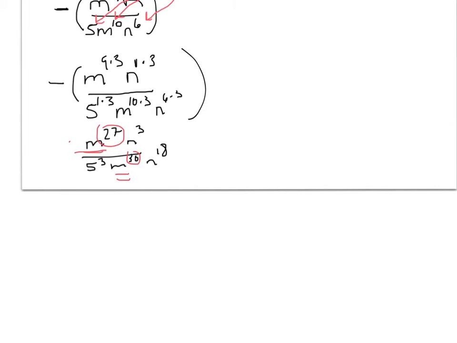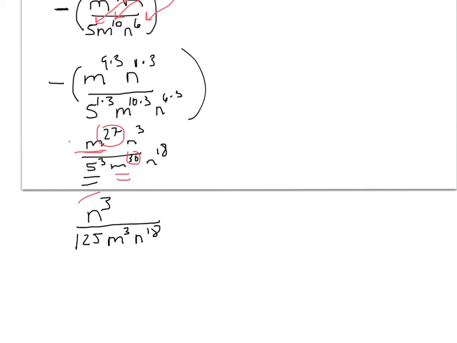I'm going to reduce that first, and we're just showing step by step. As you get better with these problems, you're going to be comfortable reducing all of them at once. 5 cubed is 125. m cubed and n to the 18th.